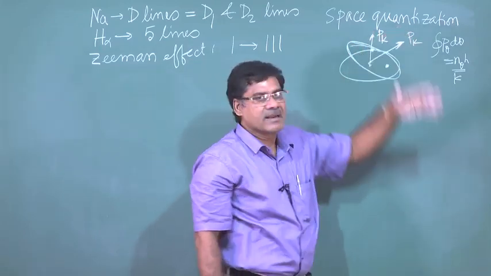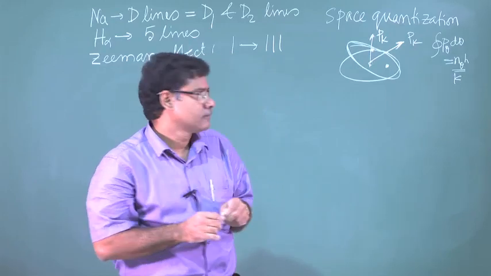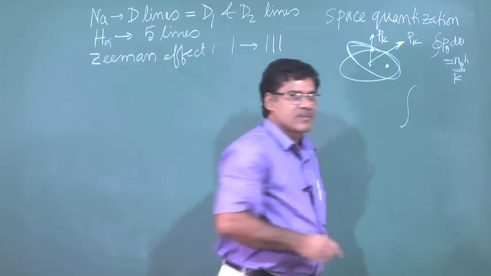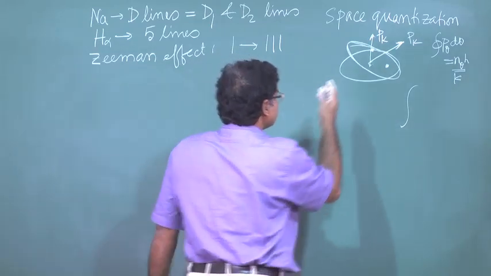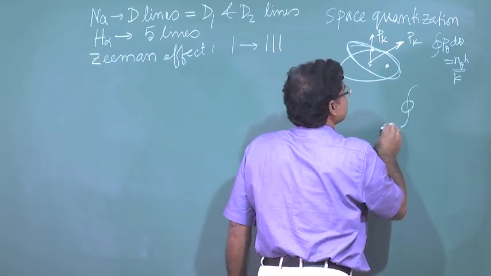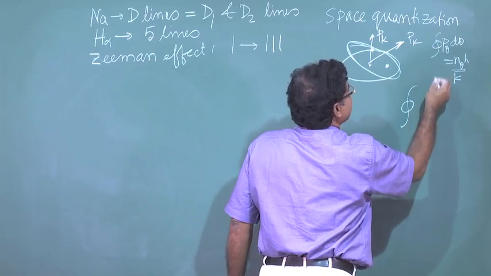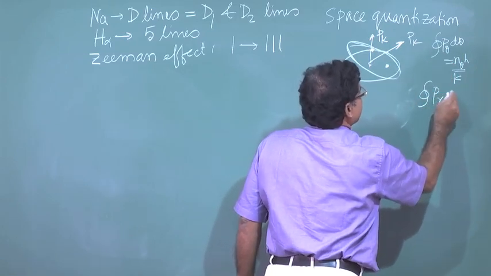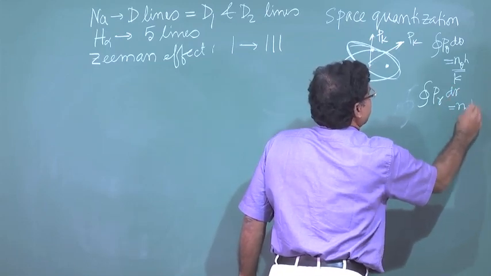So, this pk direction can be any direction in space. Now, a quantum condition is applied again. No, in space it cannot orient in any direction. This also will be quantized, and another quantization was that the integral of pr dr equals nr h.